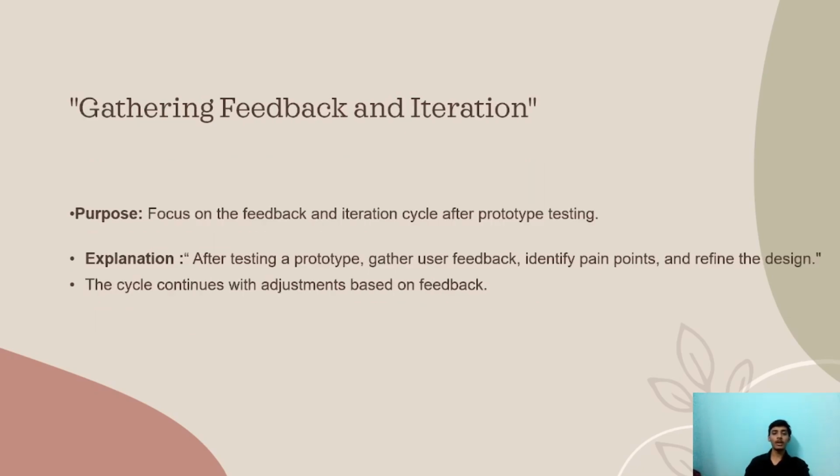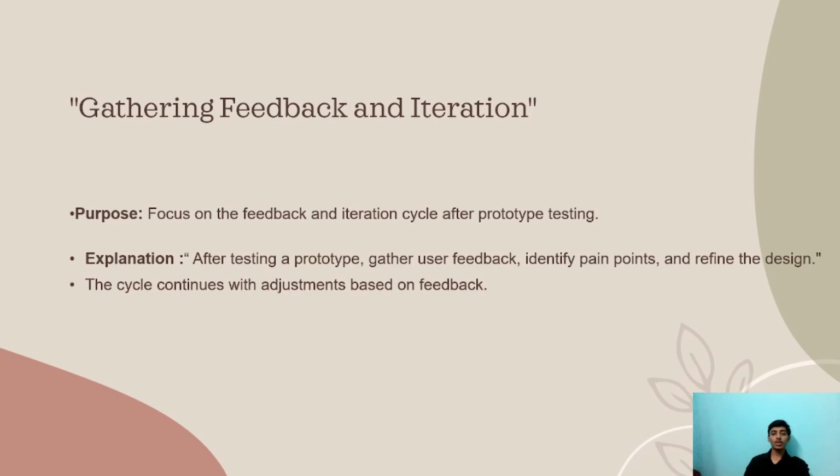Gathering feedback and iterating. The key to successful design thinking is feedback and iteration. After we test a prototype with users, we need to analyze their responses, identify pain points, and iterate on the design.